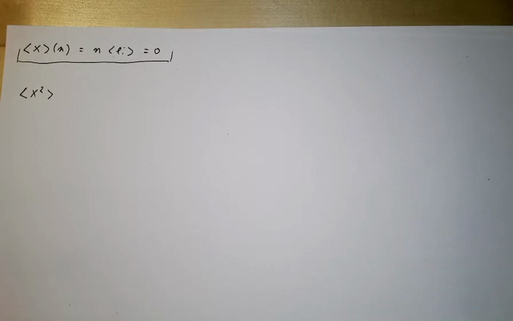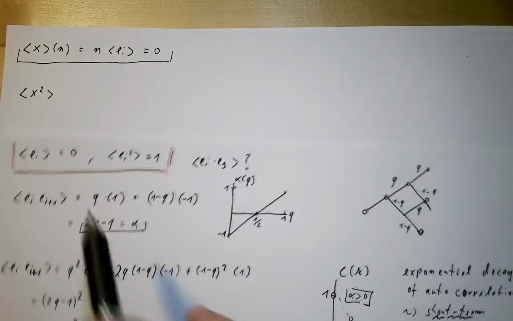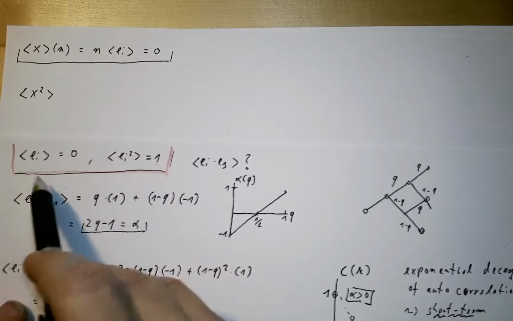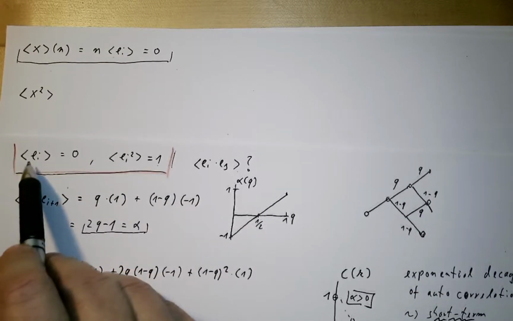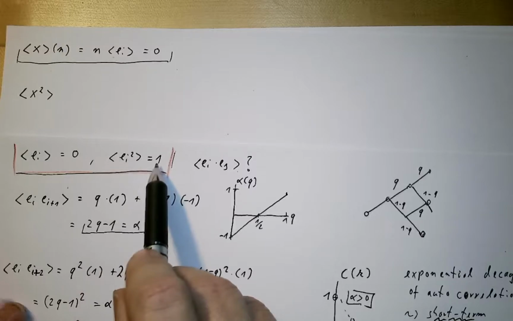I hope you're not confused if I put papers in and out of the video. So like we saw, the mean is 0, but the second moment of the increments is 1.